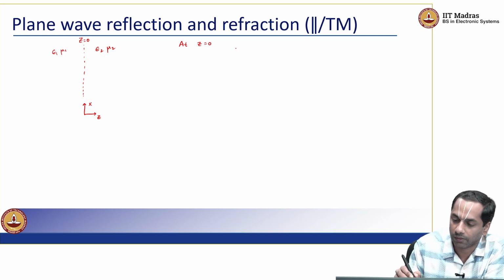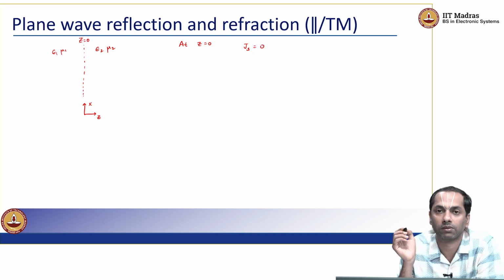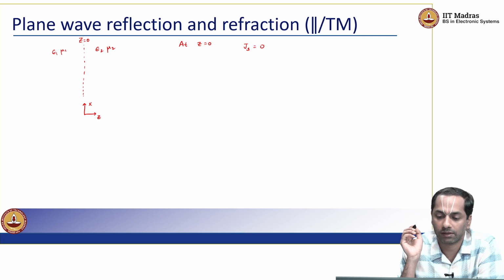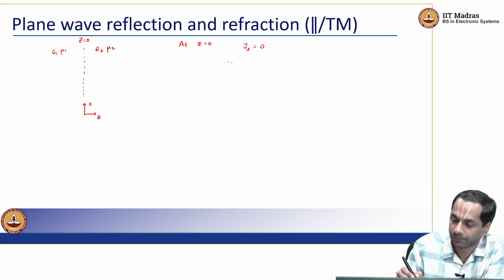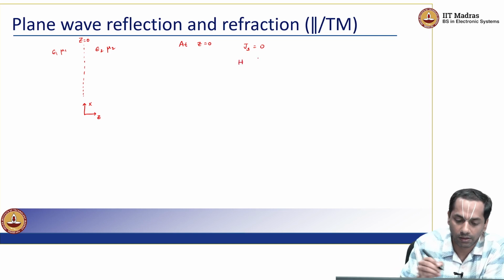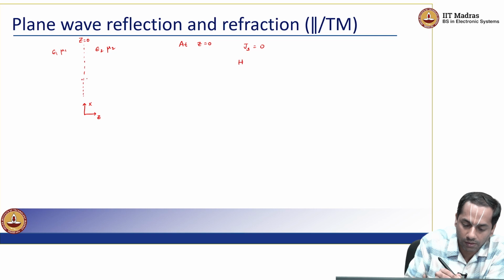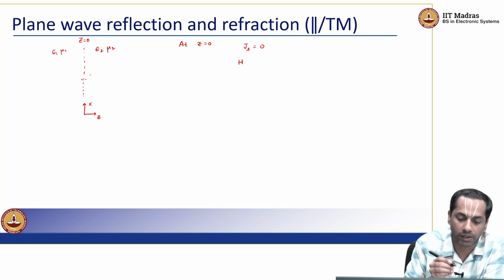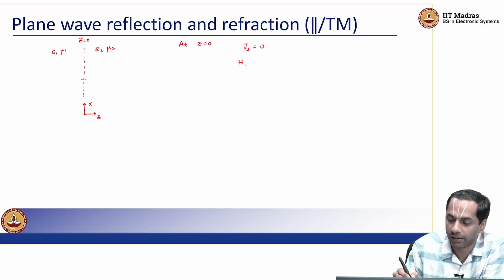Since Js is 0, we can say that the parallel components, parallel to the interface, or z equals 0 plane, the net field on the left side of the boundary is going to be the sum total of the fields caused by the incident wave and the reflected wave.